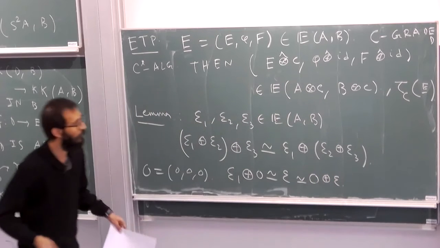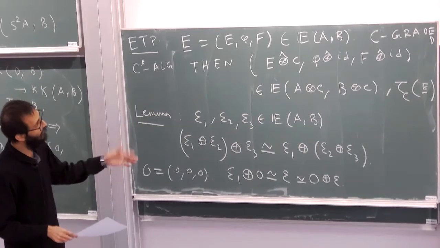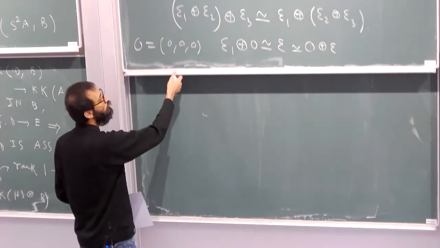So we indeed have a product or an additive operation on the set of all Kasparov A-B modules.